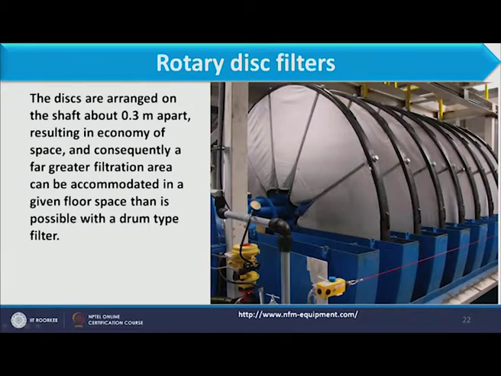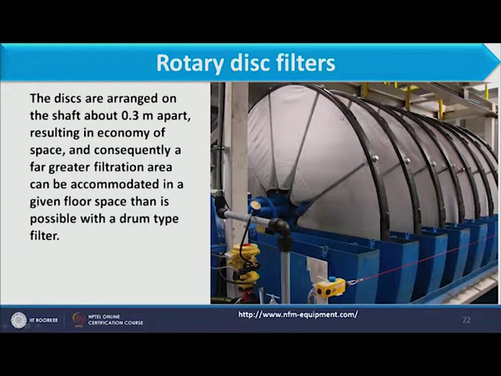In this image you can see the discs and how they are attached through the shaft. Each section is associated with a pipe. If you see here, this is connected with this pipe.